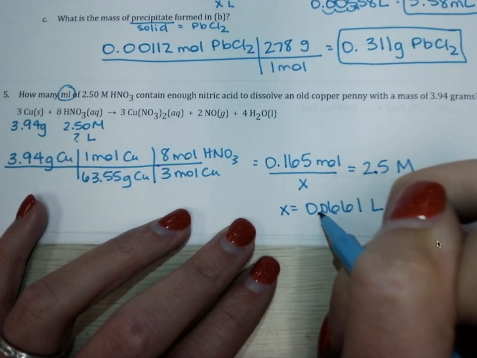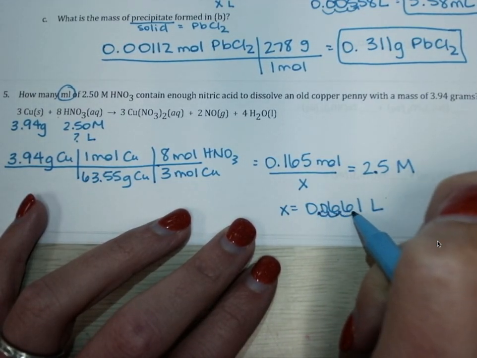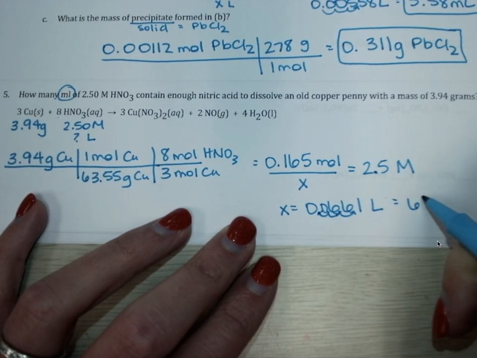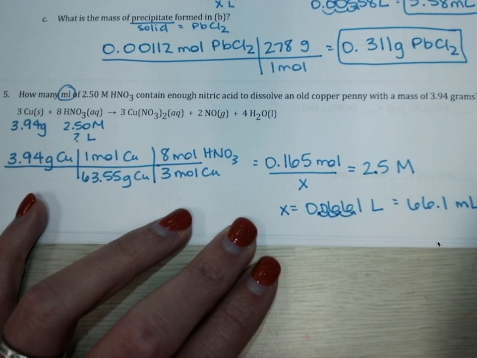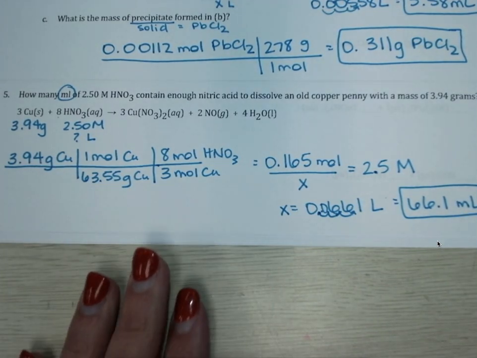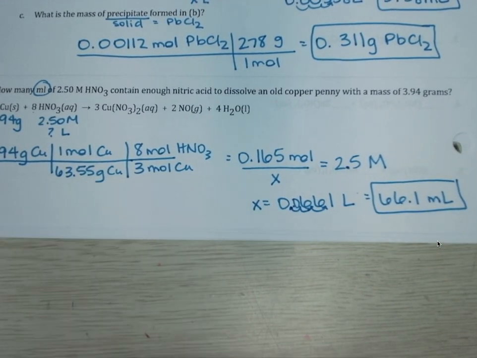Moving my decimal place back, 1, 2, 3, that is 66.1 milliliters. That's the volume of the nitric acid I need to dissolve an entire penny. It has to be an old penny, otherwise it's not pure copper. You'd also have zinc involved. Okay. Super fun. Have fun doing yours.